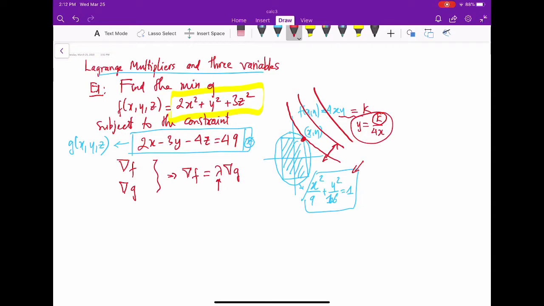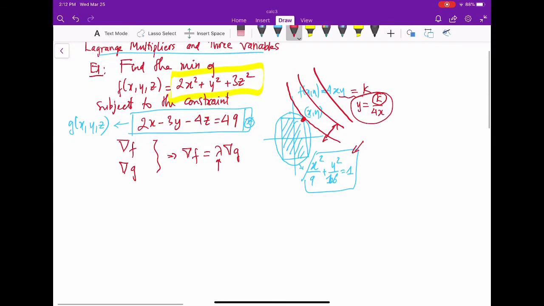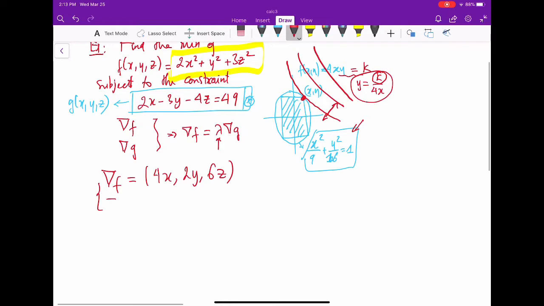Let's find the gradient of f and g. So we have the gradient of f equal to (4x, 2y, 6z), while the gradient of g is (2, -3, -4).